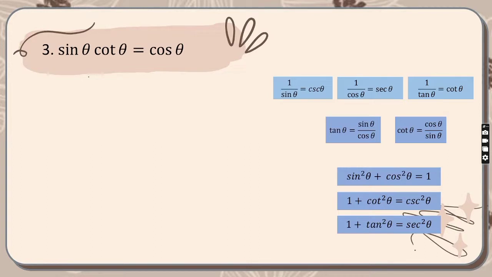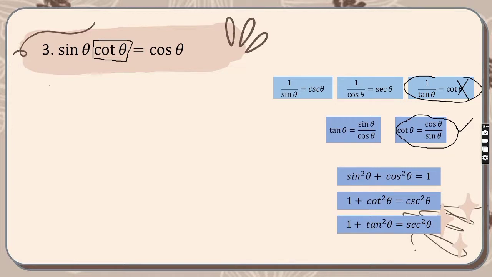So, pwede nating palitan yung cotangent theta ng kanyang quotient identity, which is yung cosine theta over sine theta. So, instead of using this one, hindi natin muna gagamitin yan, kasi nagamit natin yan kanina. So, we will be using this quotient identity.